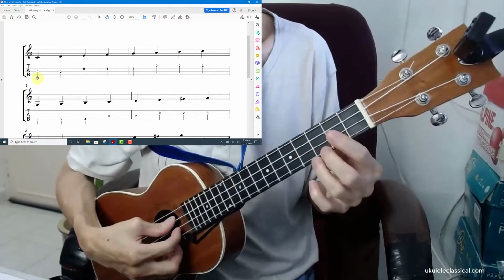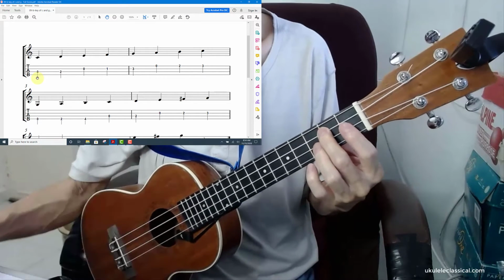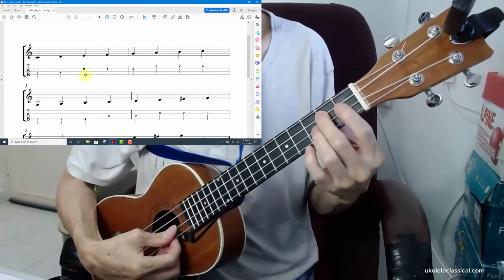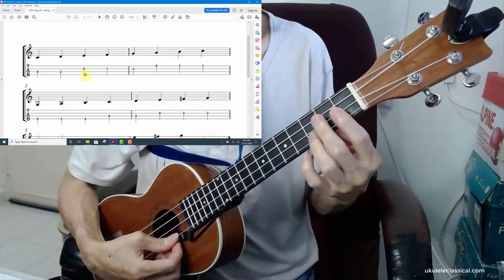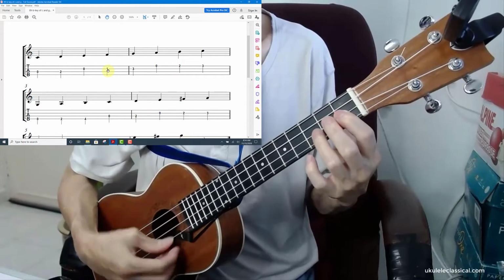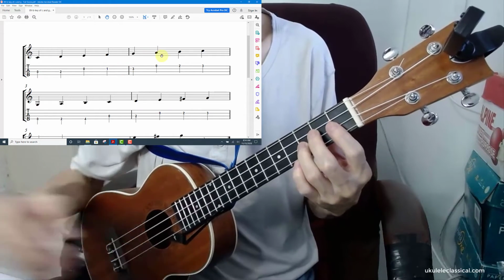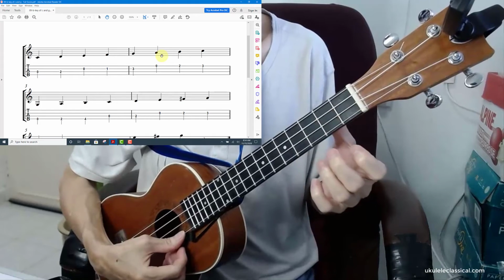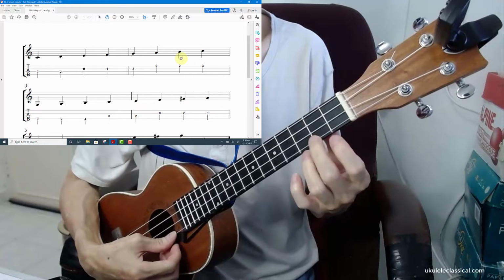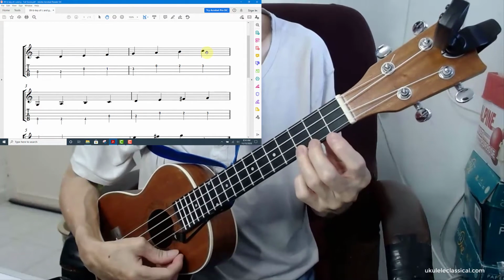Open string C, followed by D, which is this note, followed by the next note, which is an E, followed by this one, which is an F. Then comes a G, followed by this one, which is A, open string, and then B, which is here, second string, first string, second fret, and finally back to C.